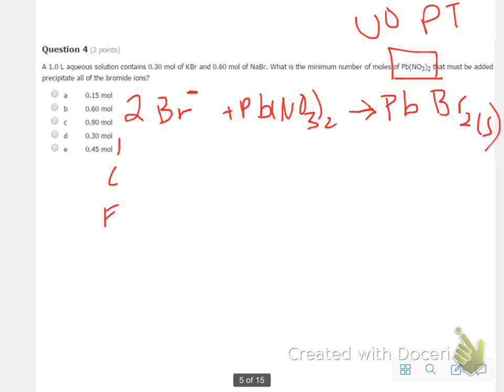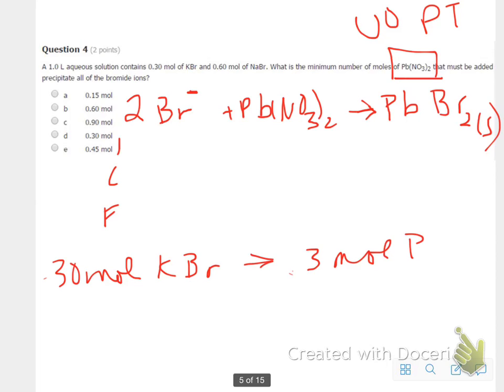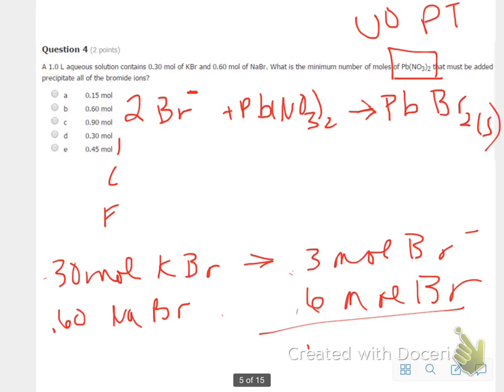So first I have 0.3 moles of KBr, and when that breaks up, I'm going to get 0.3 moles of Br. Same thing, if I have 0.6 moles of sodium bromide, I'm going to have 0.6 moles of bromide there. If I add these together, I'm going to start with 0.9 moles of bromide. So I'm going to put my 0.9 here.